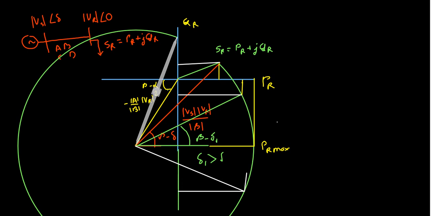So the maximum power that can be delivered is when beta minus delta is how much? Beta minus delta is 0.